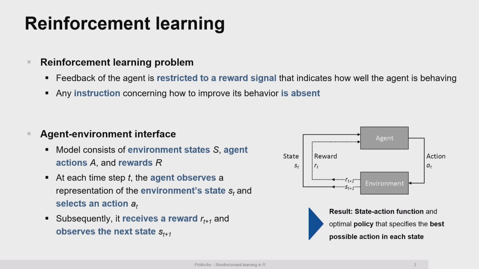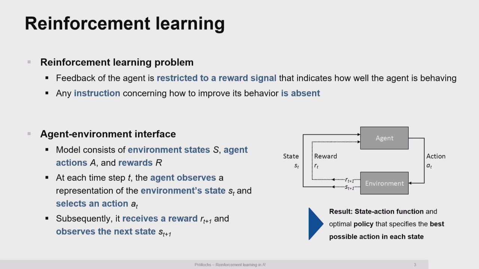The result of the reinforcement learning method is a so-called state-action function that defines the value of each action in each state of the environment. Based on this state-action function, we can derive an optimal policy that defines the best possible action in each state.